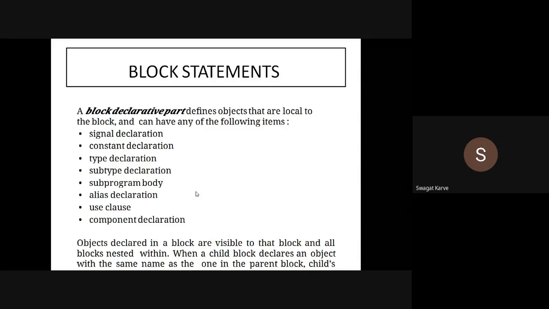You can write signal declaration, constant declaration, type declaration, subtype declaration, subprogram body, alias declaration, use clause or component declaration. बरोबर आहे. These many items you can write at the place of block declarative part, right?